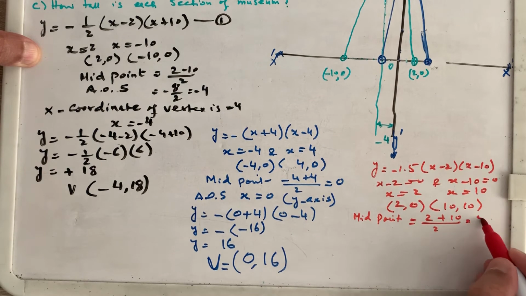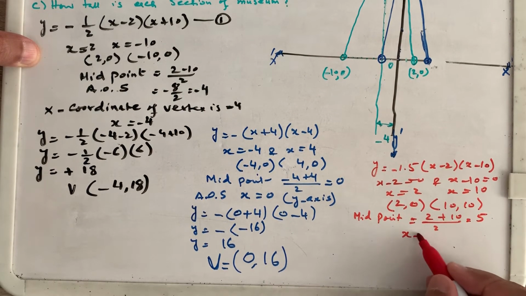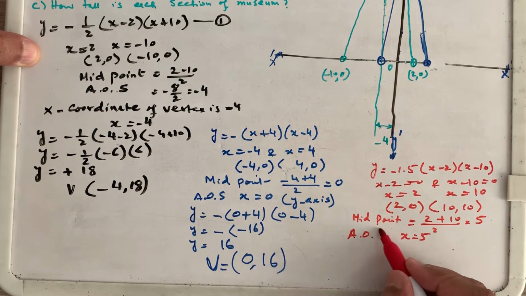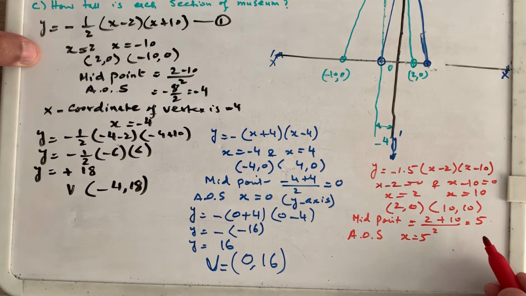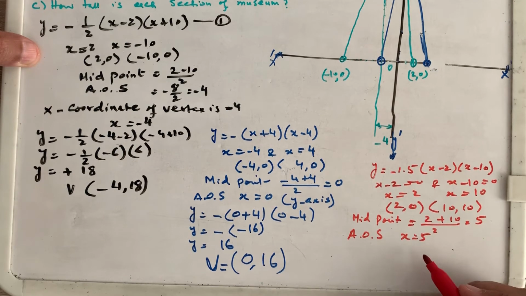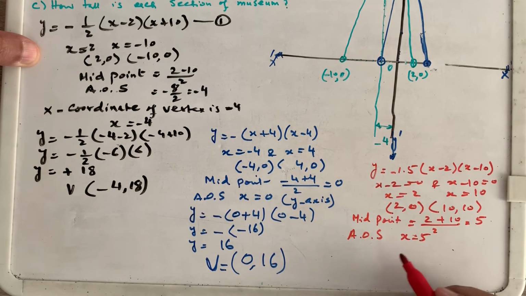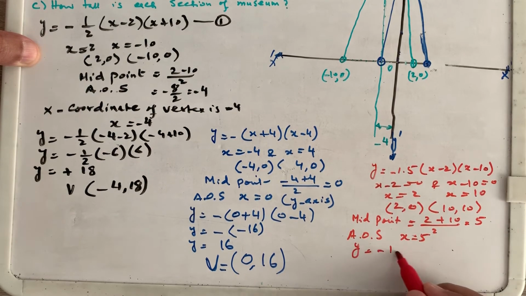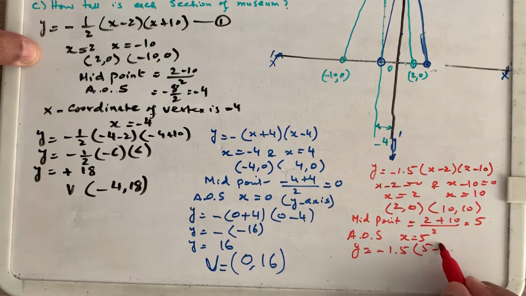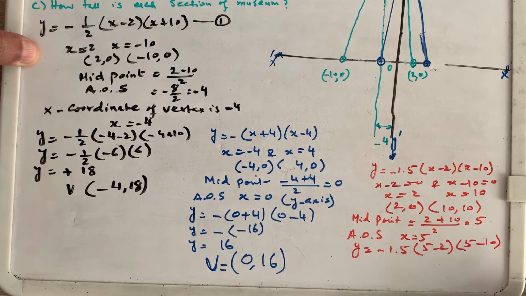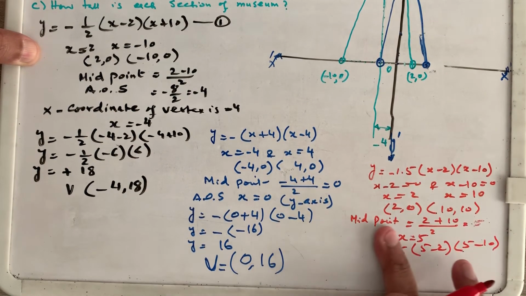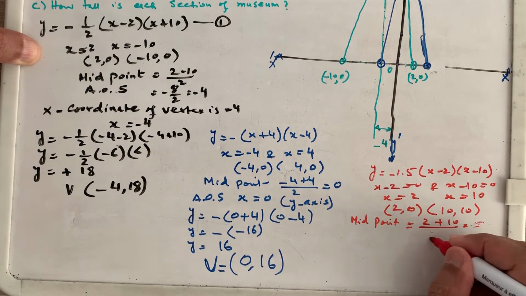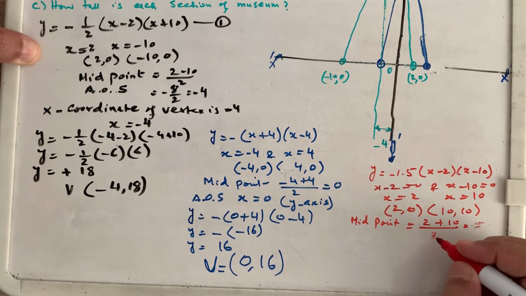Oh, 10 plus 2 is 12, 12 divided by 2, sorry, is 6.